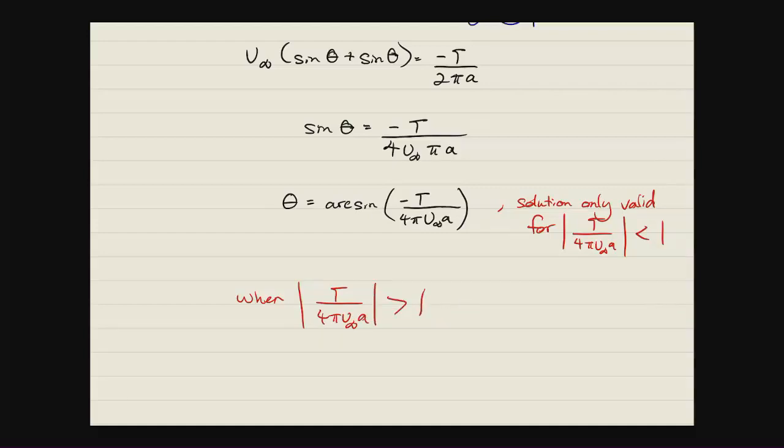What happens when this term is greater than 1? Any guesses? Is your stagnation point still along the surface of your cylinder? No, not anymore, right? So we would then have to consider the case when, remember, we had theta equals plus minus pi over 2.